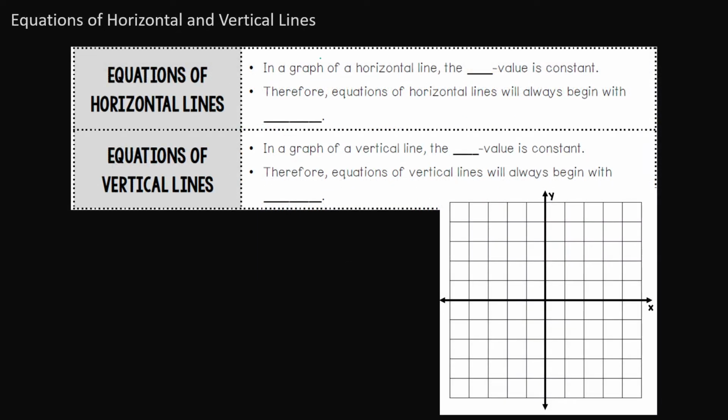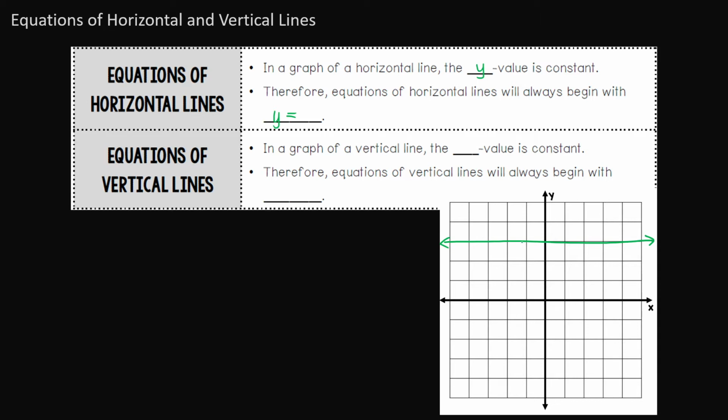So when we think of equations of horizontal lines, in a graph of a horizontal line, meaning a flat line, the y value is constant. Therefore, equations of horizontal lines will always begin with y equals a number. So let's say I've got this graph here, a flat line.